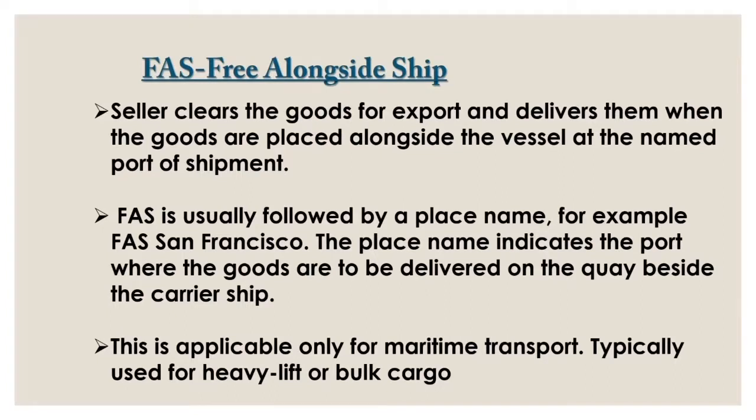FAS is usually followed by a place name, for example, FAS San Francisco. The place name indicates the port where the goods are to be delivered on the quay beside the carrier ship. This is applicable only for maritime transport, typically used for heavy lift or bulk cargo. But if the goods are handed to the carrier in a container terminal, FCA is a more appropriate term.